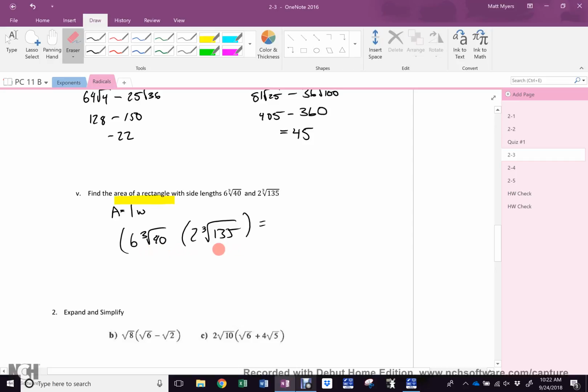Is it okay to mix the two? What do I mean by that? Well, this one simplifies easily, doesn't it? That's 8 times 5, correct? What's a cube root of 8? 2. So that's 12 cube root 5, yeah?